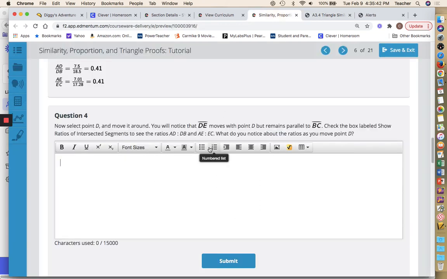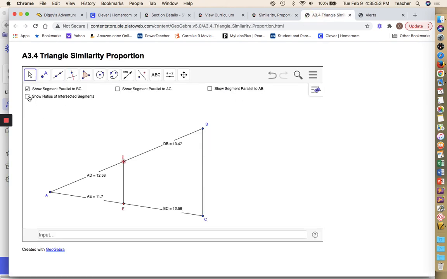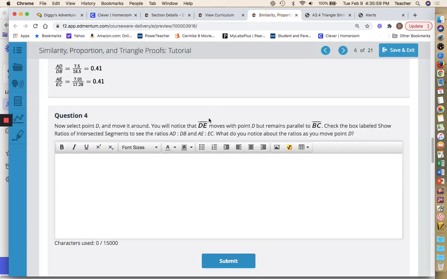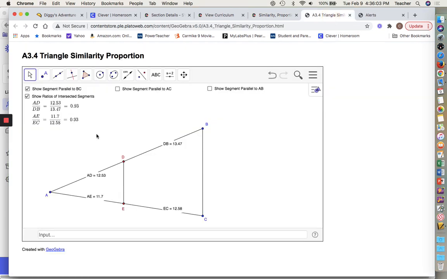All right, check the box labeled Show Ratios of Intersected Segments to show the ratios of AD to DB and AE to EC. Okay, so let's show ratios. All right, so it looks like the ratio is now 0.93 that I moved it. What do you notice about the ratios as you move point D? Well, they change, but they still remain equal to each other.